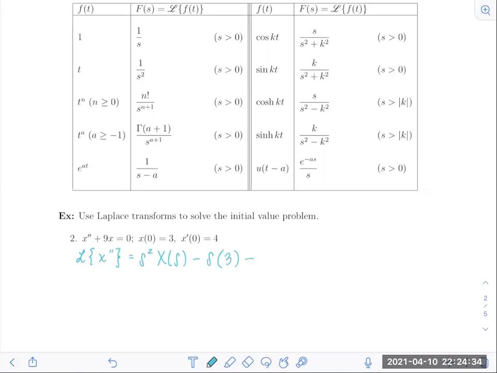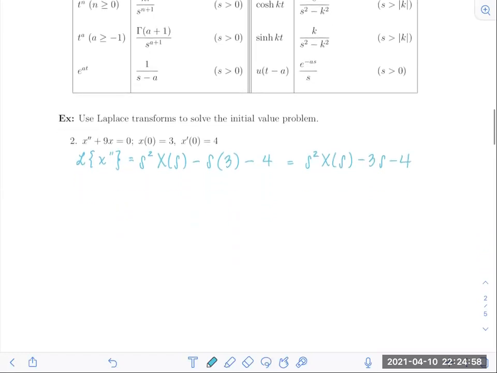Finally, we're down to s to the 0th power, which is just 1, and then subtract off my x prime of 0. All right, and so I can rewrite this as s squared X of s minus 3s minus 4. I don't need the first derivative, and of course, I know the Laplace transform of x is just capital X of s. So I'm ready to move forward here.